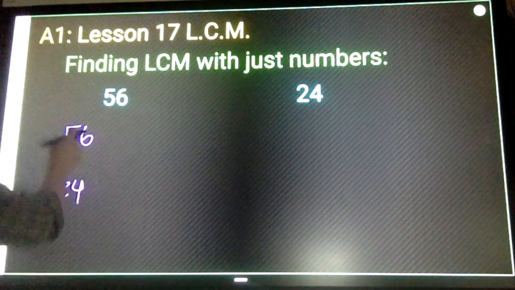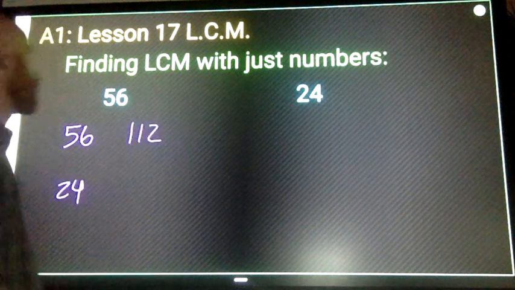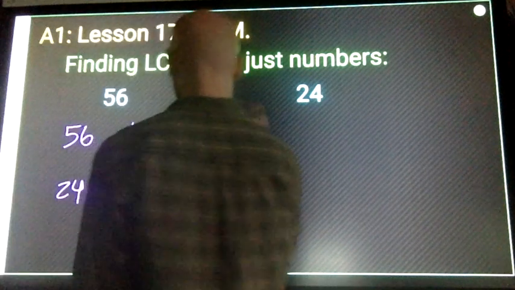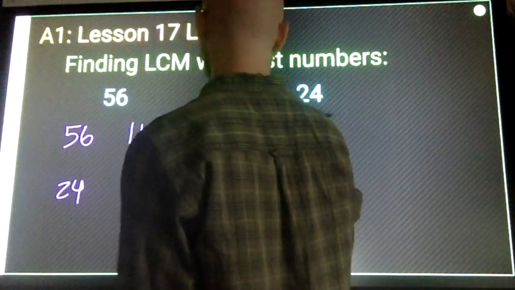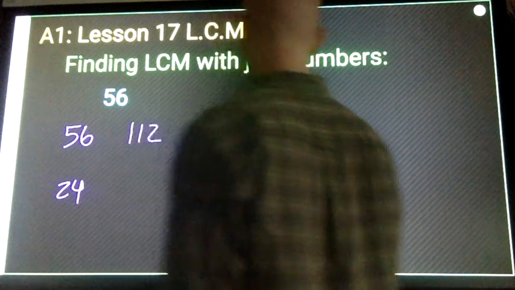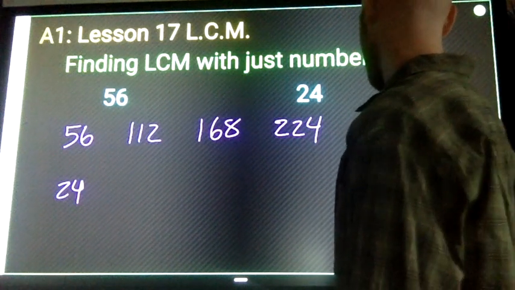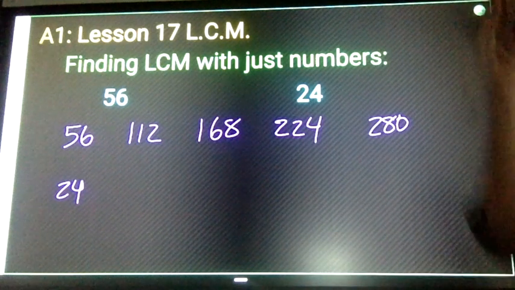So we got 56 plus 56 is 112. 112 plus 56 is 168. 168 plus 56 is 224. 224 plus 56 is 280. Now, you don't have to do that in your head.